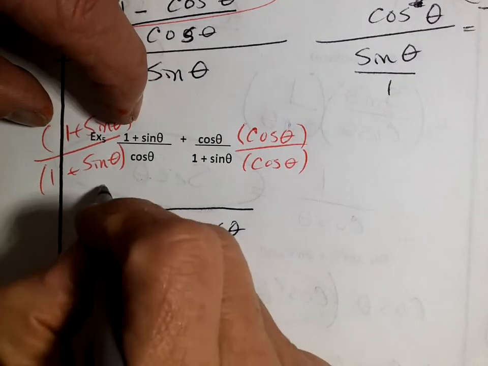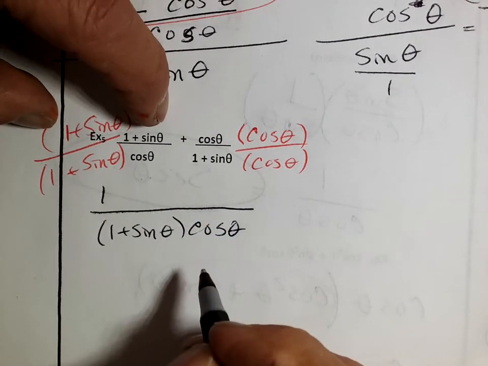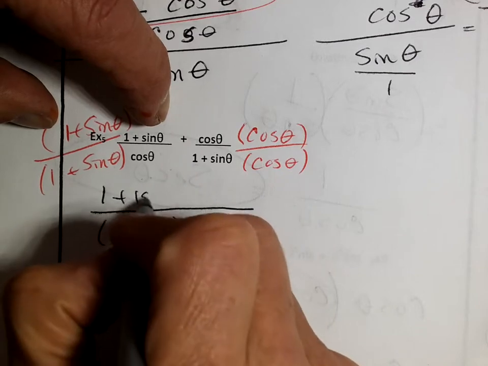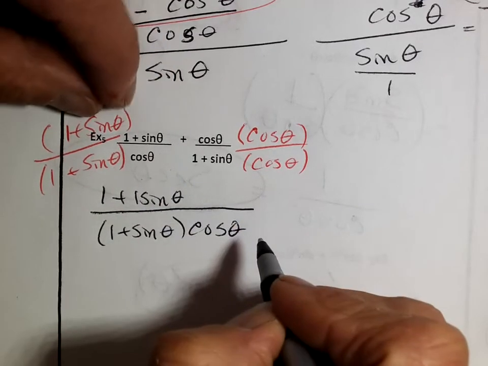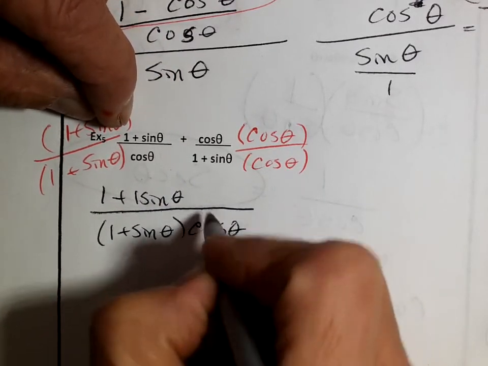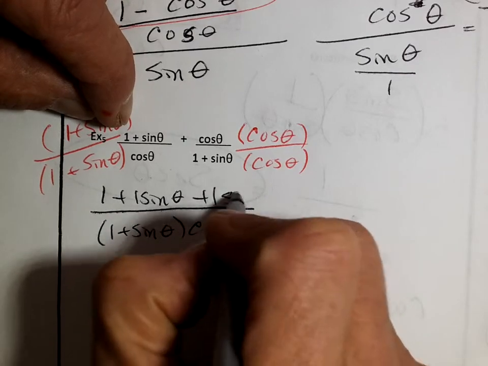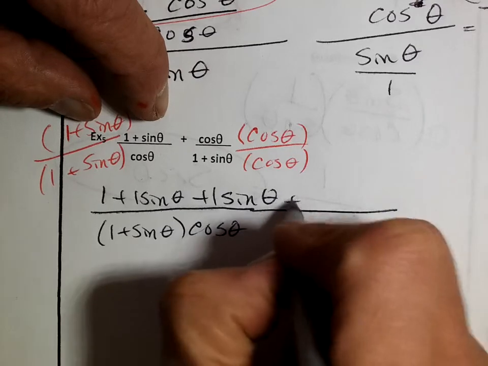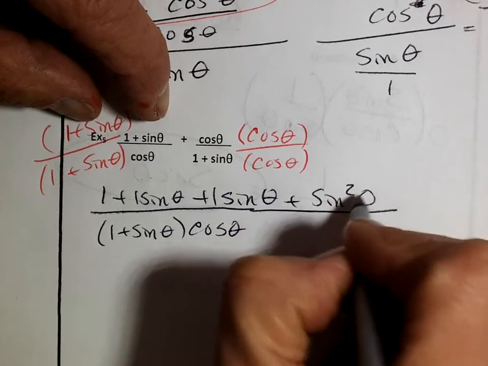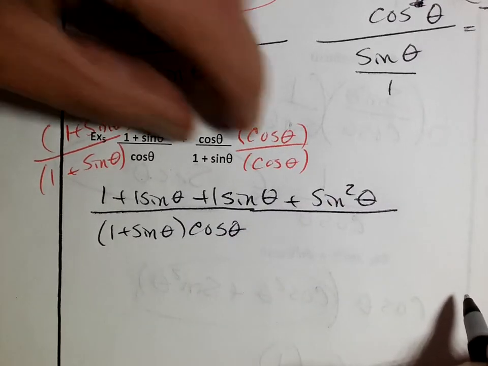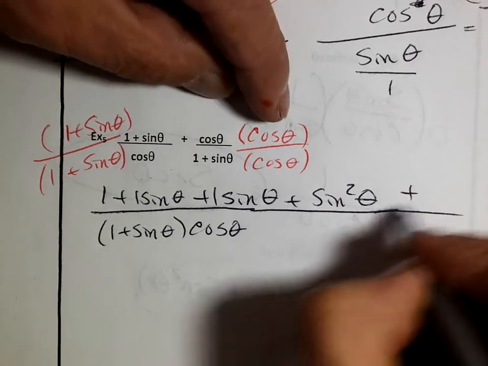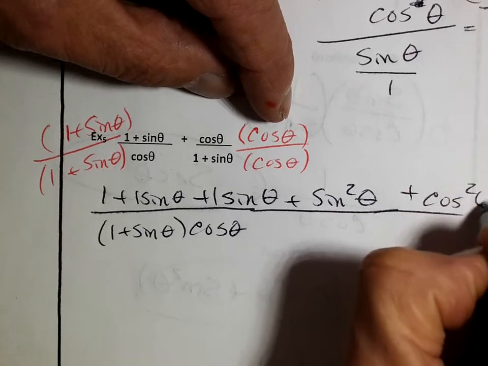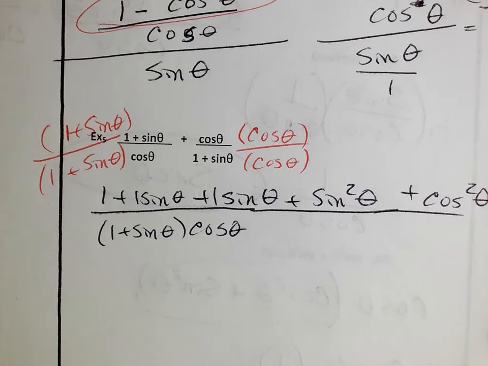So I'm going to FOIL. 1 times 1 is 1. 1 times sine theta is 1 sine theta. Sine theta times 1 is 1 sine theta. And sine times sine is a positive sine squared theta, plus a cosine squared theta.